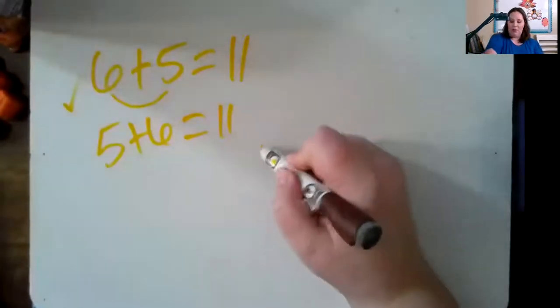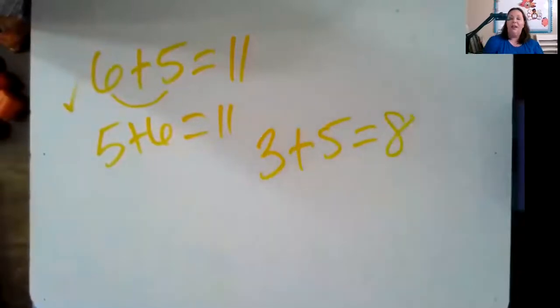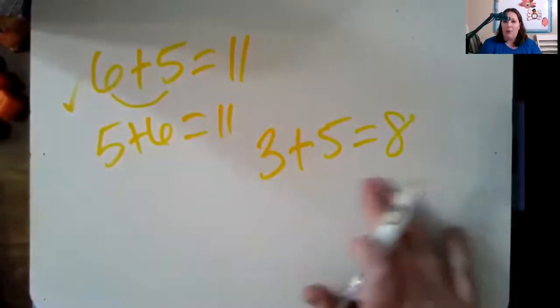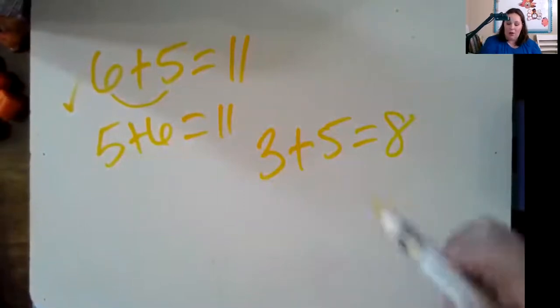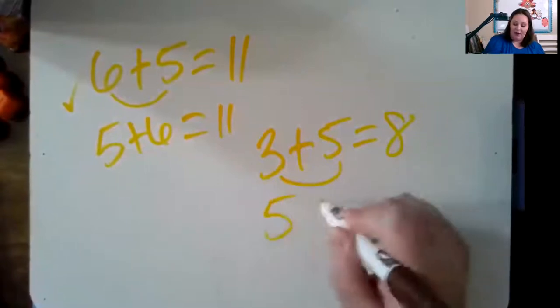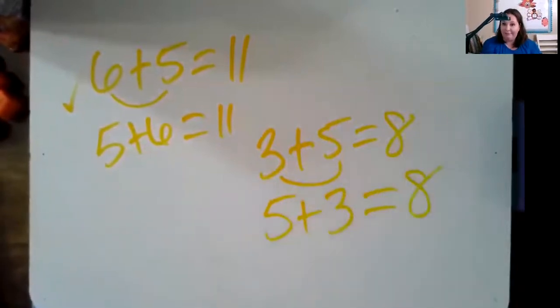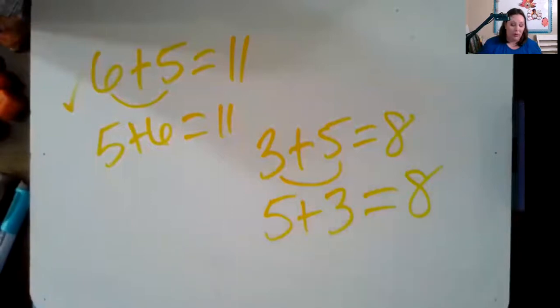What about 3 plus 5 equals 8? What would be a related fact for that one? All we have to do is flip the addends. So 5 plus 3 equals 8. Now, sadly, this will not work for subtraction. This will only work for addition, okay?